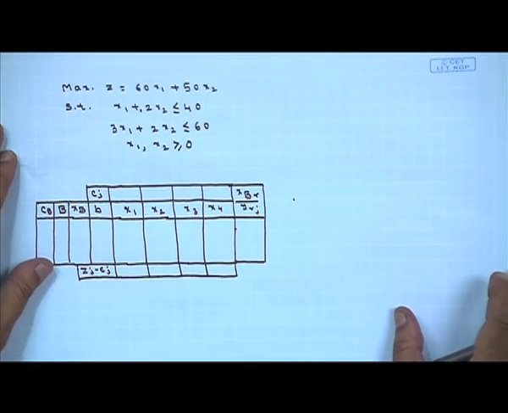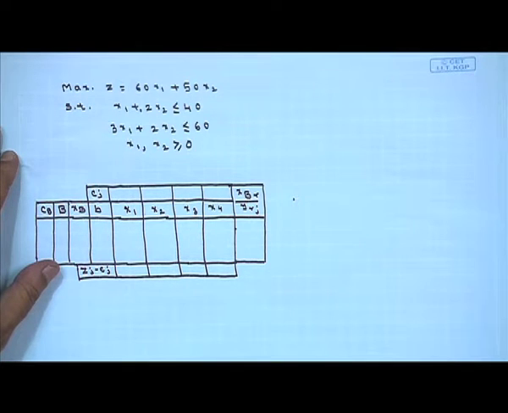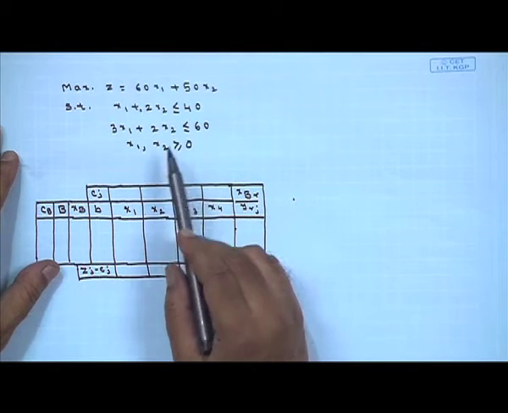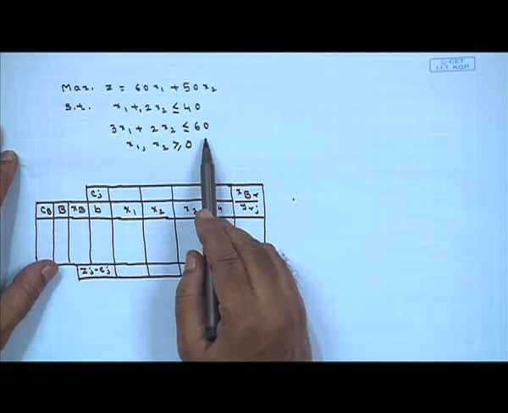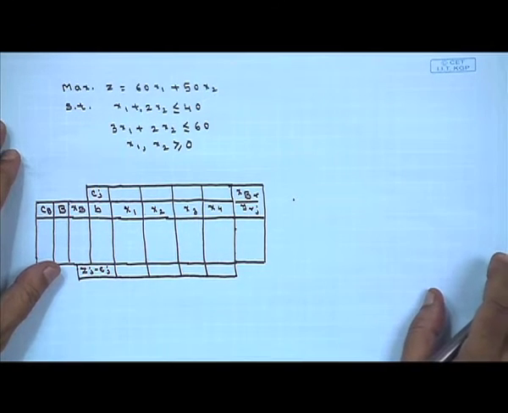Let us take a problem: maximize z equals 60 x1 plus 50 x2, subject to x1 plus 2 x2 less than or equal to 40, 3 x1 plus 2 x2 less than or equal to 60, and x1, x2 greater than or equal to 0.